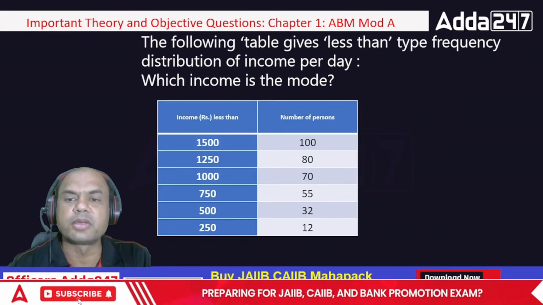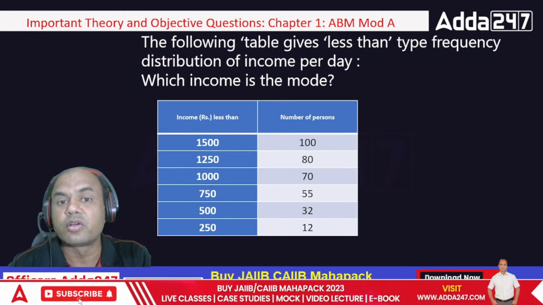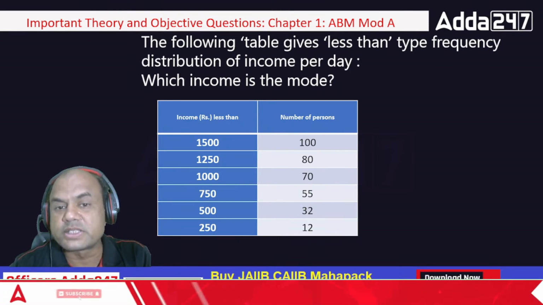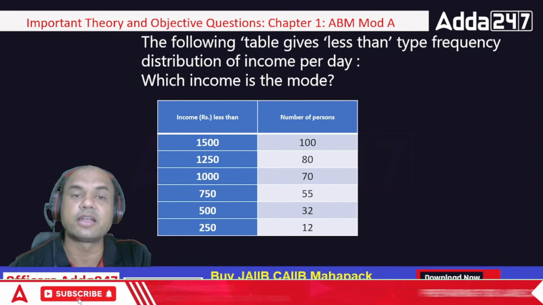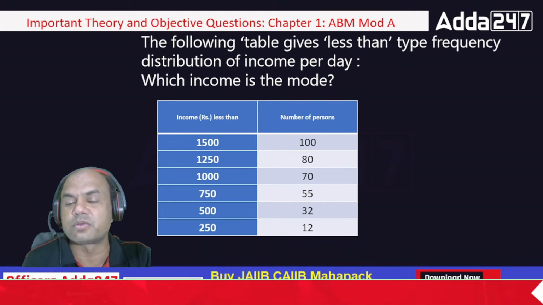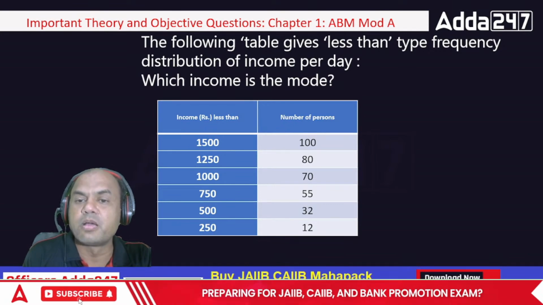The following table gives the less than type frequency distribution of the income per day. Which income is the mode? Firstly, understand what mode is. This is the frequency distribution table given to us, and we have to find the mode.